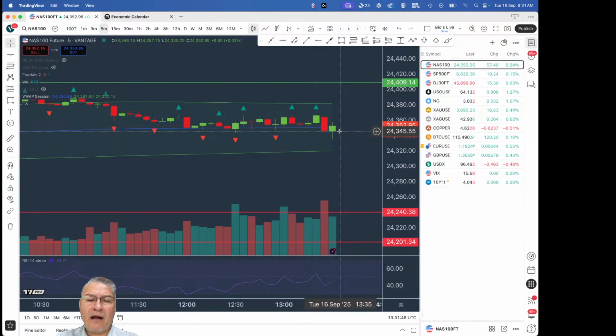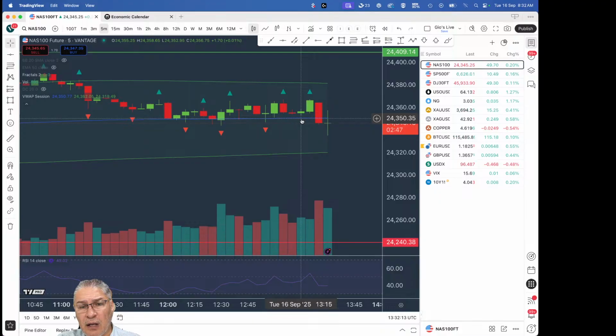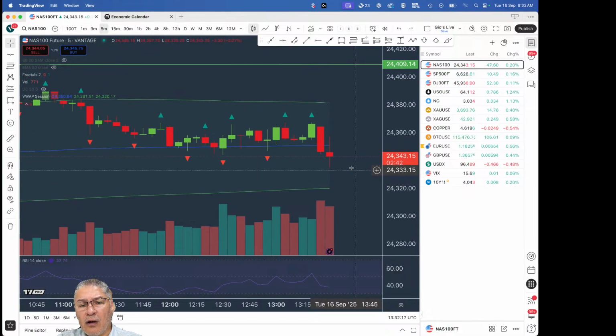Now another trade setup: since we have seen that the market has been bouncing off and just looking for a direction off the VWAP, if this candle happens to close above the VWAP, the blue line that you've seen here, then I want to enter long on the next candle right at the market, targeting the upper band.